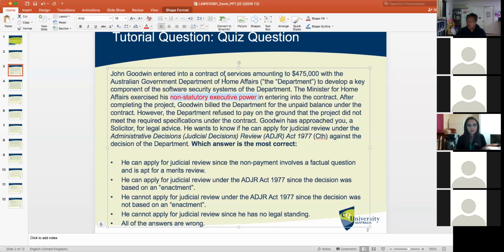In other words, Section 61 of the Australian Commonwealth Constitution is quite clear that the executive power is exercised by the executive. So there is a constitutional basis for the exercise of executive power, and that's under the Constitution.